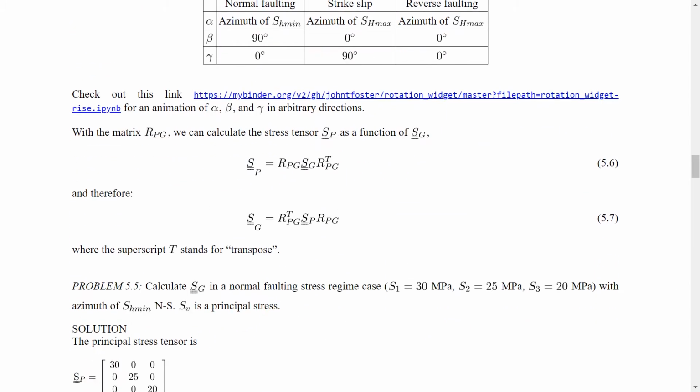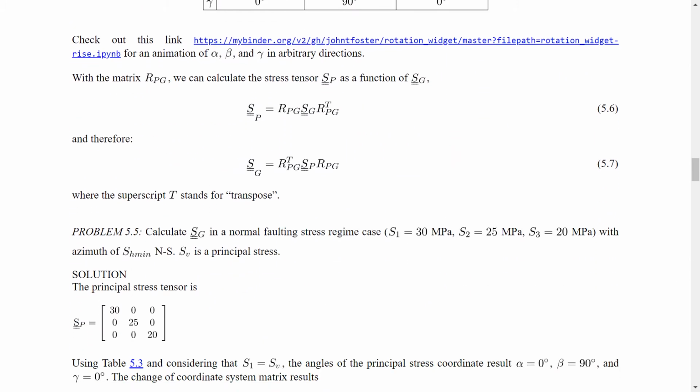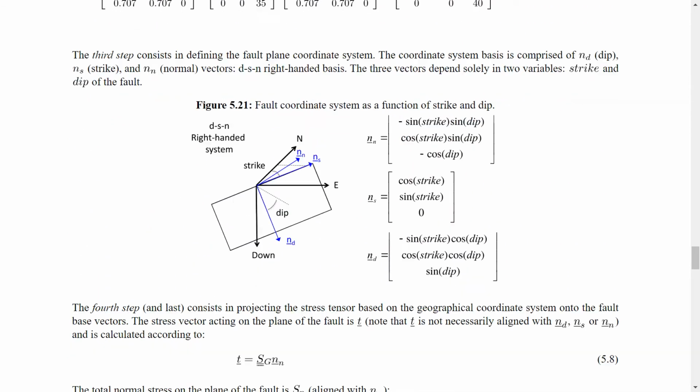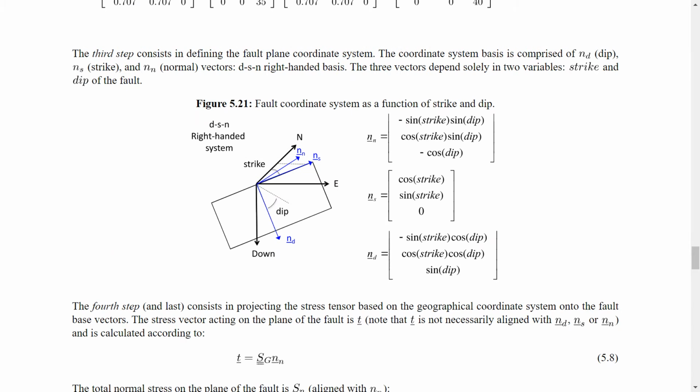And once you calculate this matrix, you're going to have this new matrix in the geographical coordinate system. And once you have that matrix, and here you have some examples, then you need to change it one more time to the coordinate system of the fault.